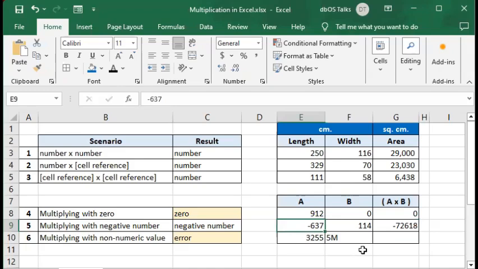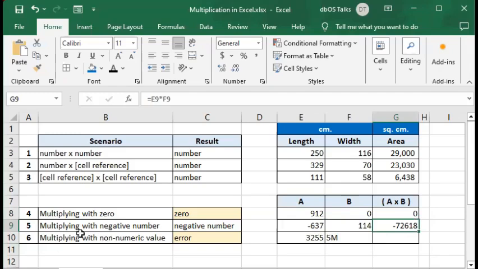Of course, we know in mathematics, if both of them are negative, then it results in a positive, but that's another conversation. I'm giving you the scenario. I'm just showing you that whatever is the normal or expected behavior of multiplication in mathematics will apply here as well in Excel. Negative times positive equals negative, or positive times negative also results in a negative.